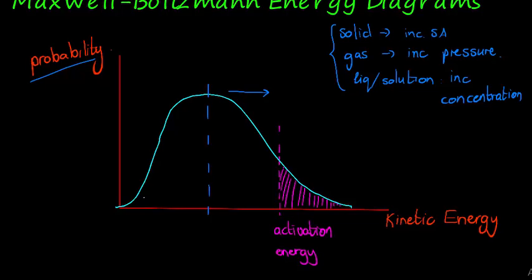So I'm going to attempt to draw it. So my modal kinetic energy might now be somewhere there, and so it slightly looks like this now. That is definitely my best attempt at that.